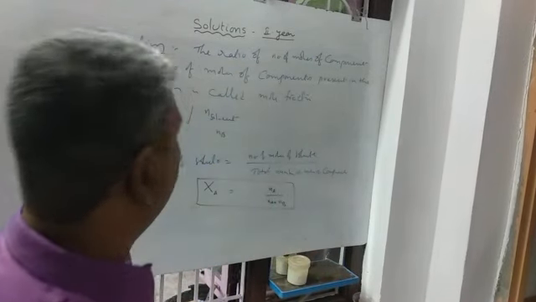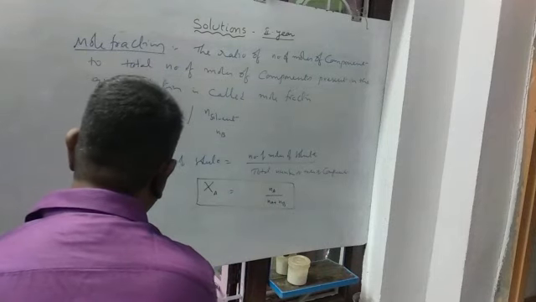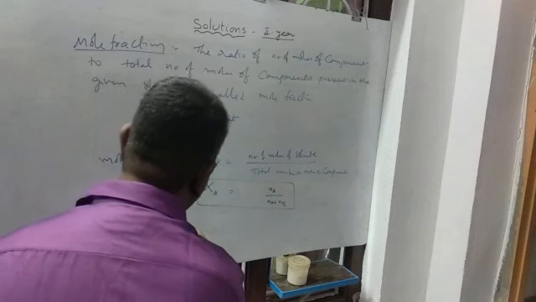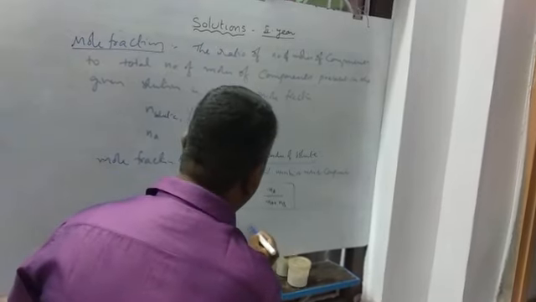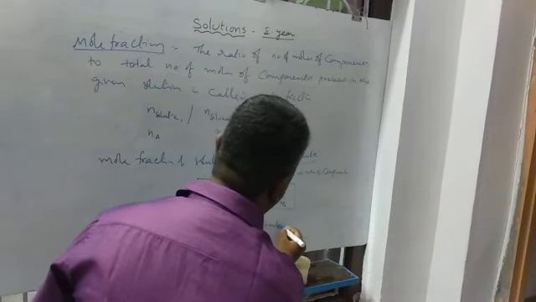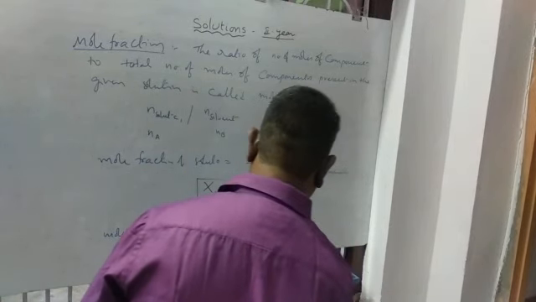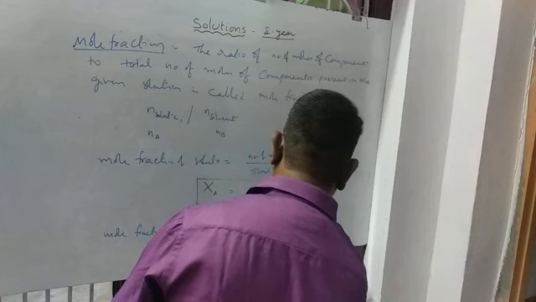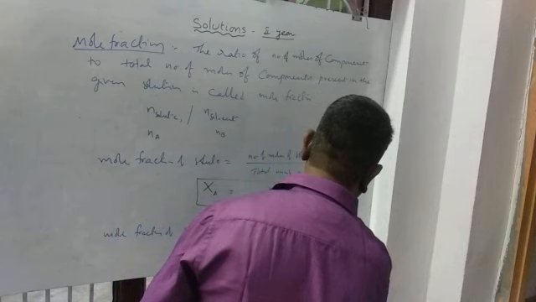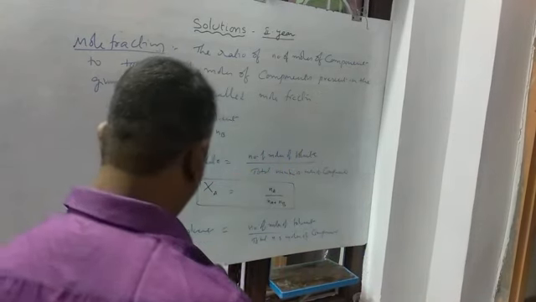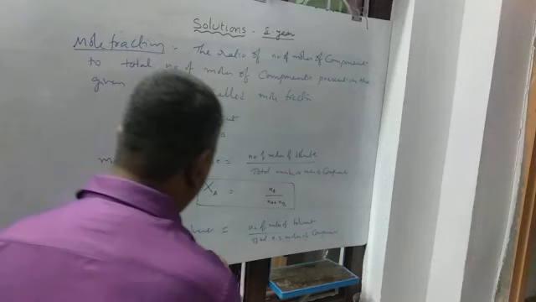Now the mole fraction of solvent is equal to the ratio of number of moles of solvent by total number of moles of components. So here it is XB.